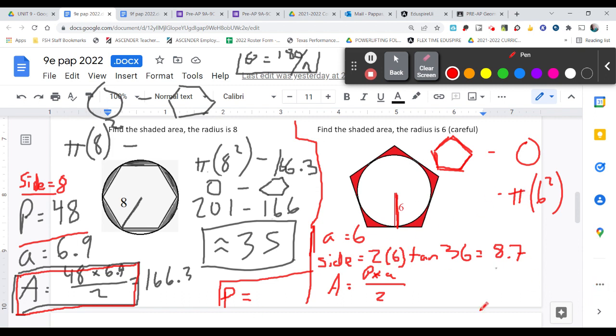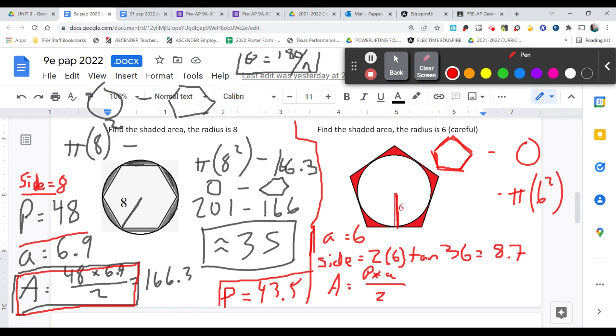The side is 8.7. What's the perimeter going to be with the side being 8.7? 43.5, yeah. So the perimeter is going to be 43.5.